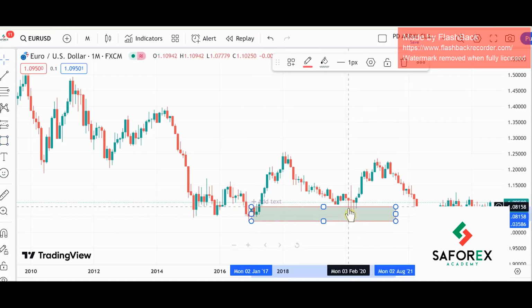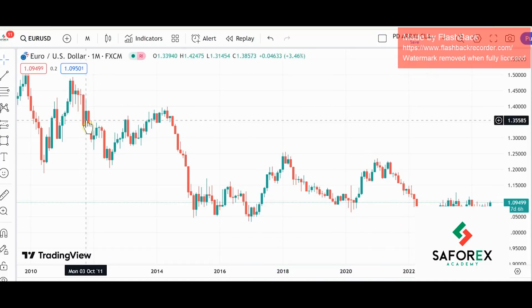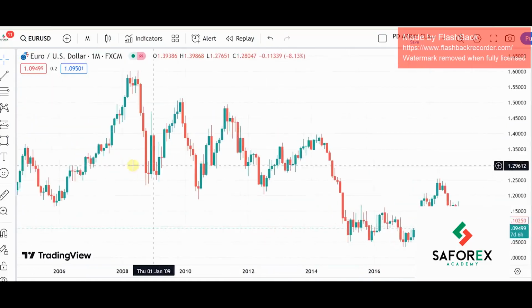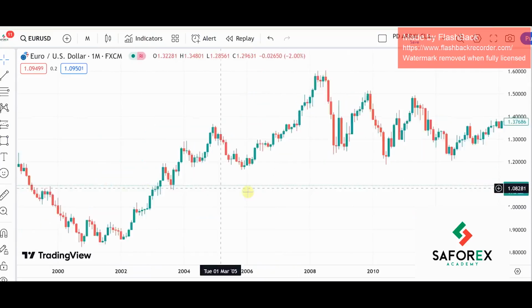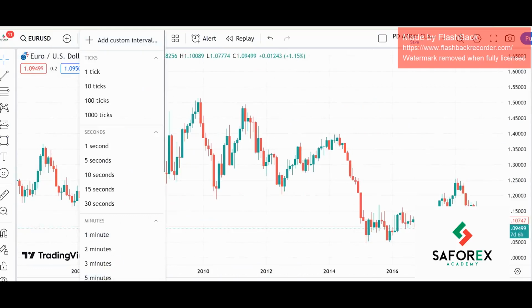You can see how the market came into the zone and went back. That is a bullish order block. There are plenty on your chart, so you have to train your eyes to see them.